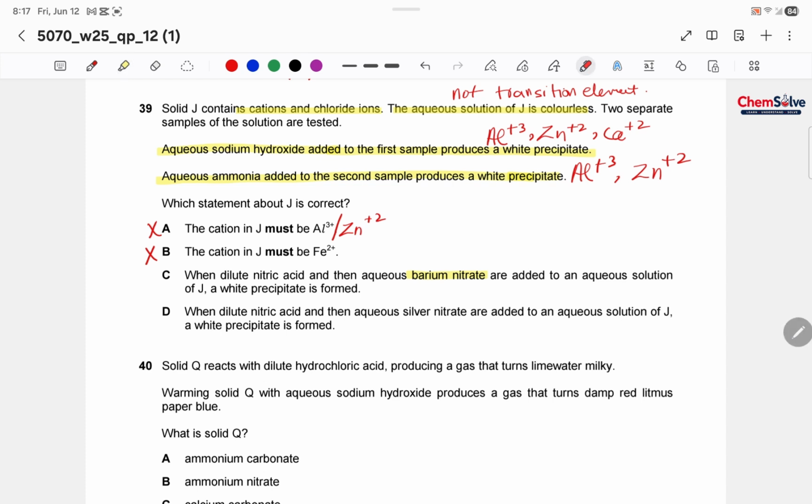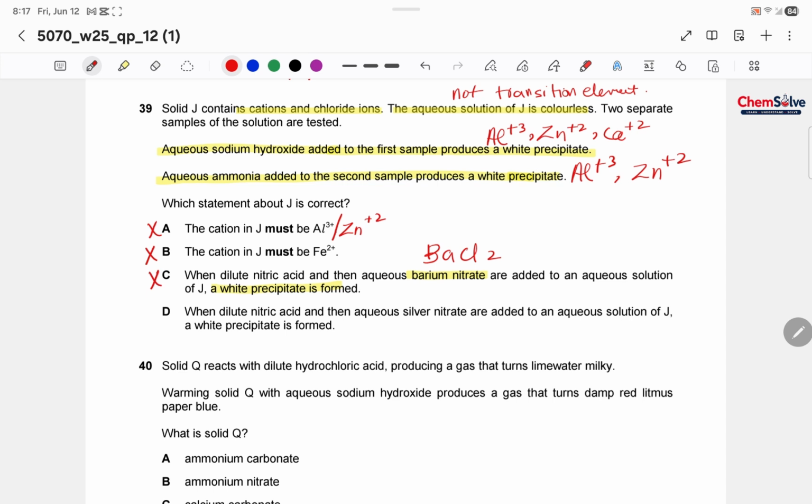Not at all, because according to the examiner chloride ions are present, so it will form barium chloride, and it will not form a white precipitate. So this option is incorrect again.